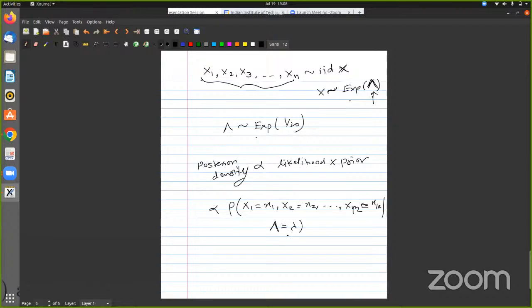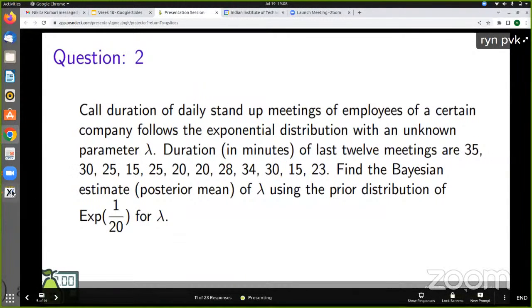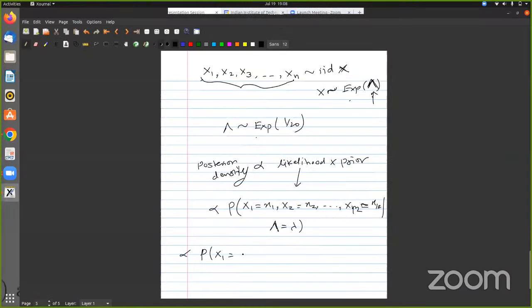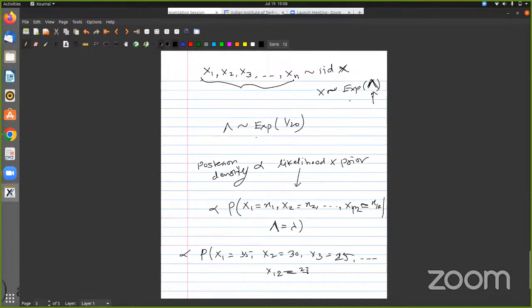small lambda. This is my likelihood, and I'll write the likelihood like this also: the probability that x1 equal to 35, x2 equal to 30, x3 equal to 25, like this, and so on until x12 equal to 23, given that lambda equals small lambda, times the prior density.